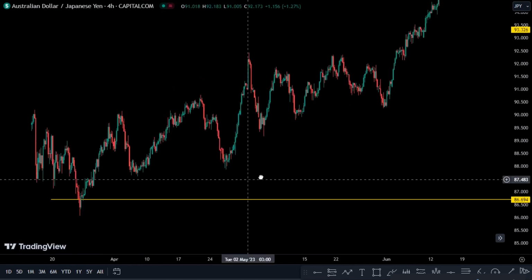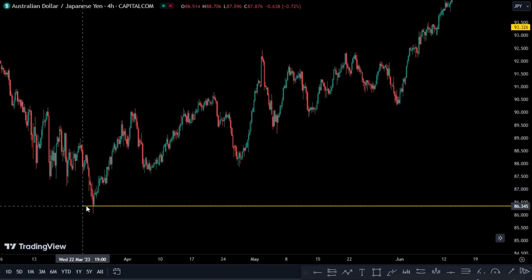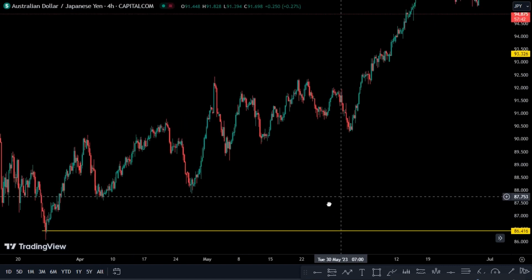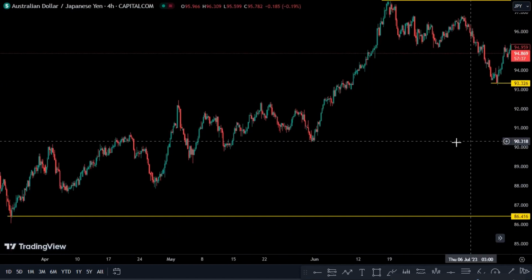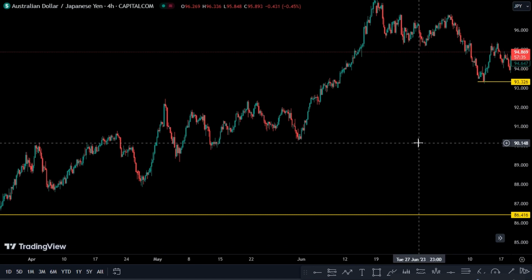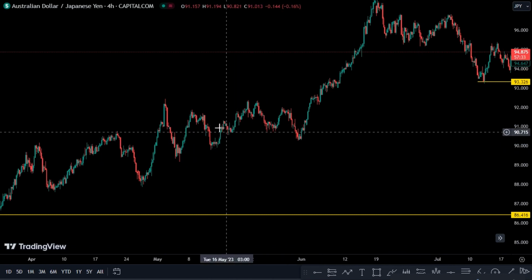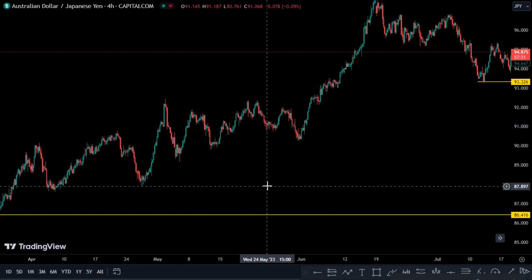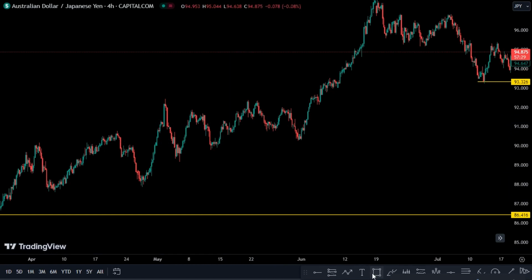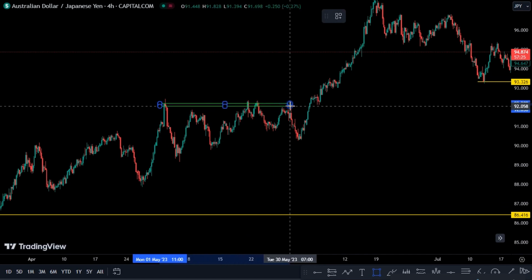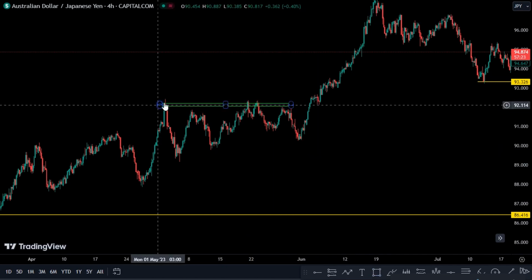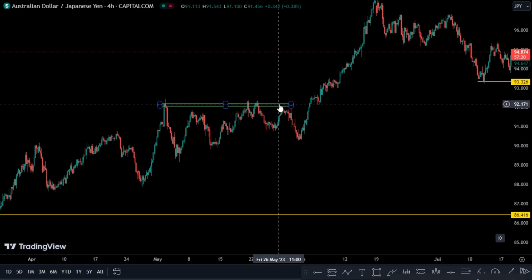So we know that our market is initially pushing away from this area. Number one, I can see the structure right here, the one that I was talking about. If we look at this, this is creating equal highs right here.